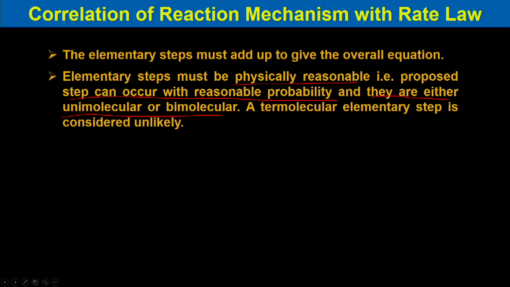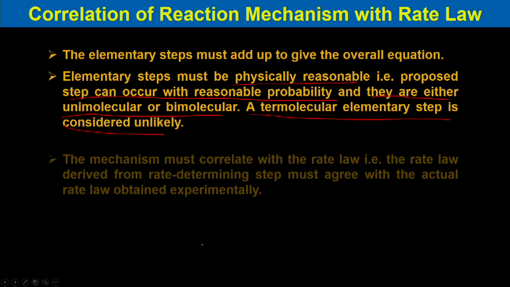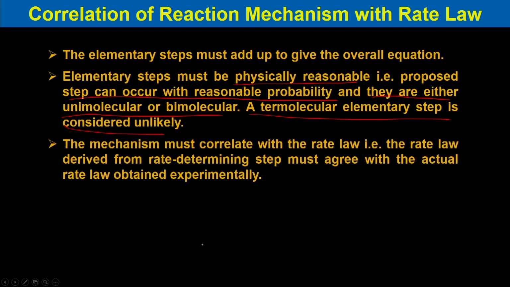As we said, a termolecular elementary step is considered unlikely. The mechanism must correlate with the rate law, that is, the rate law derived from the rate determining step must agree with the actual rate obtained experimentally.